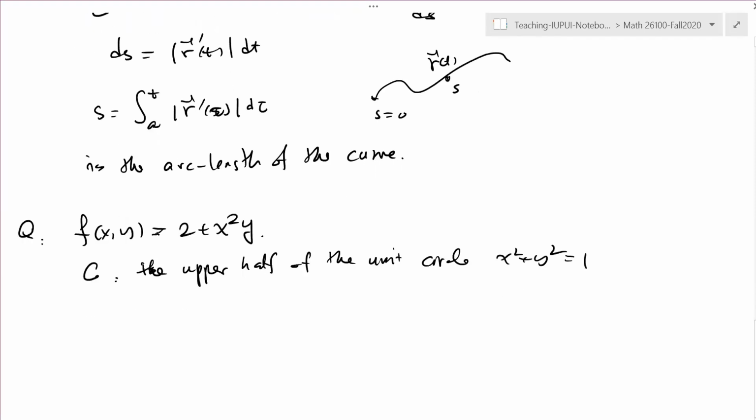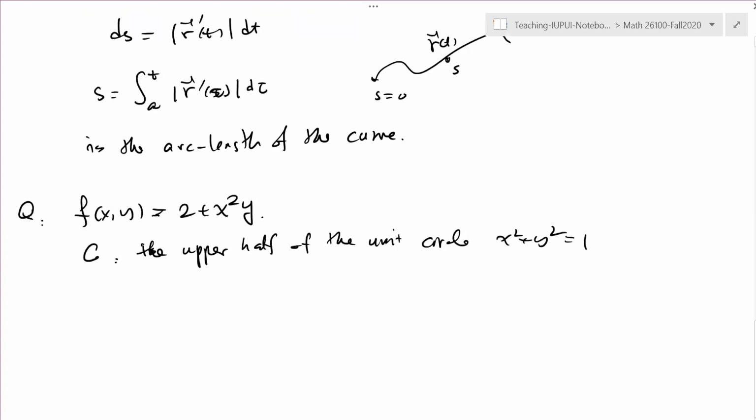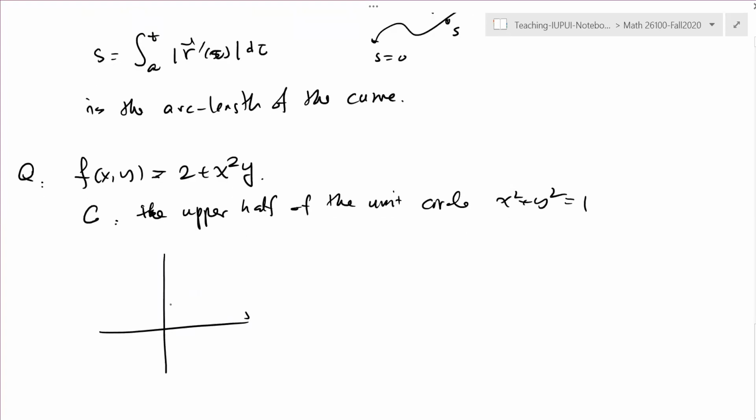Now, the function is not only defined along the curve, it is defined on the whole plane, but it can be restricted to the curve. So we want to evaluate the integral of the restriction of f on this semicircle.